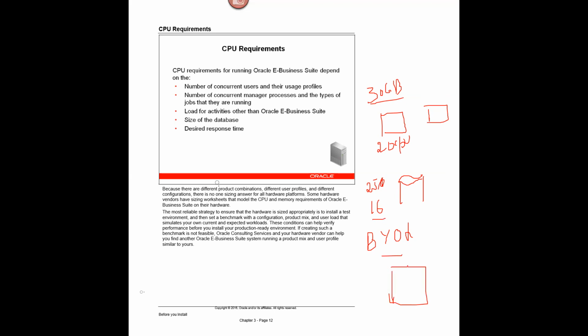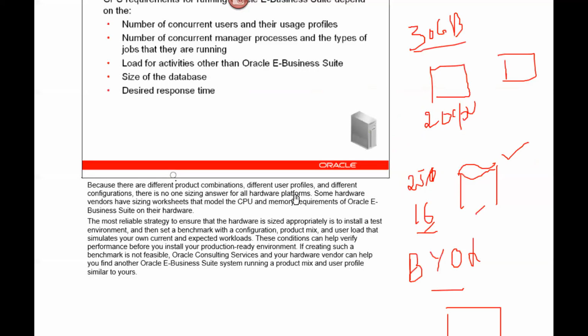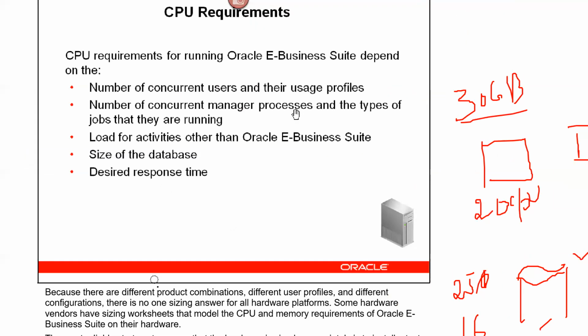So what you can do, even in OCI, in cloud infrastructure, is install a server and use the same OCPUs. So it depends upon so many factors, as mentioned: size of the database, load. Sometimes, apart from Oracle applications, there may be some other load on the database, like spreadsheet servers and other things which some companies run.